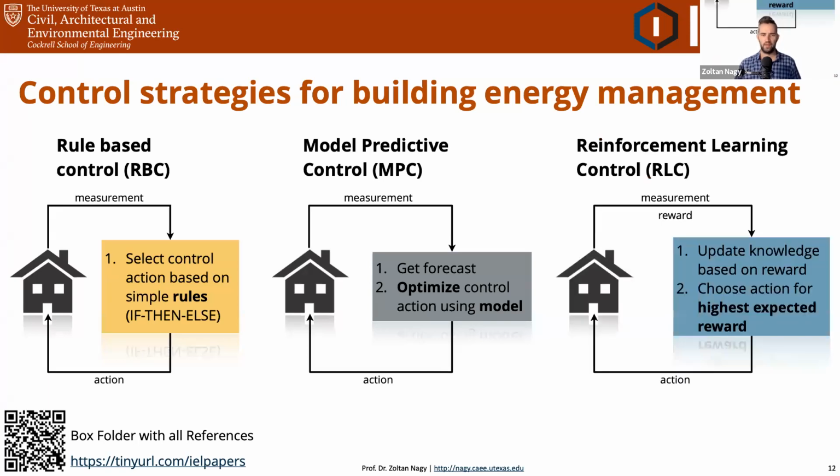And the last control method that has gained traction over the last few years is reinforcement learning. It's also a big class of algorithms, so I'm going to lump them all together. The idea here is very similar to model predictive control in that you want to go towards the optimal decision, but instead of having a model of the system and computing at every time step, you create an interaction between your system and your optimizer, or the agent, as we call it.